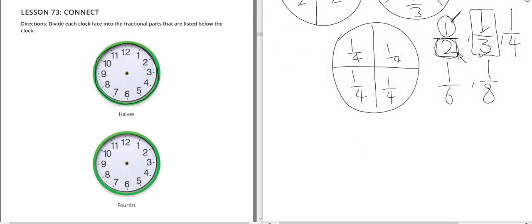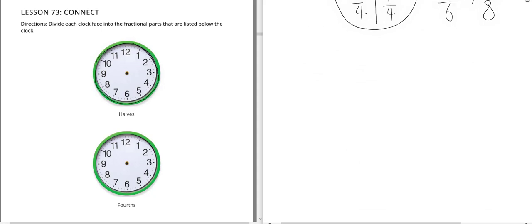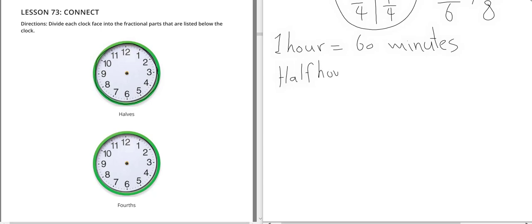Okay. We know that 1 hour equals 60 minutes. And half hour equals 30 minutes.